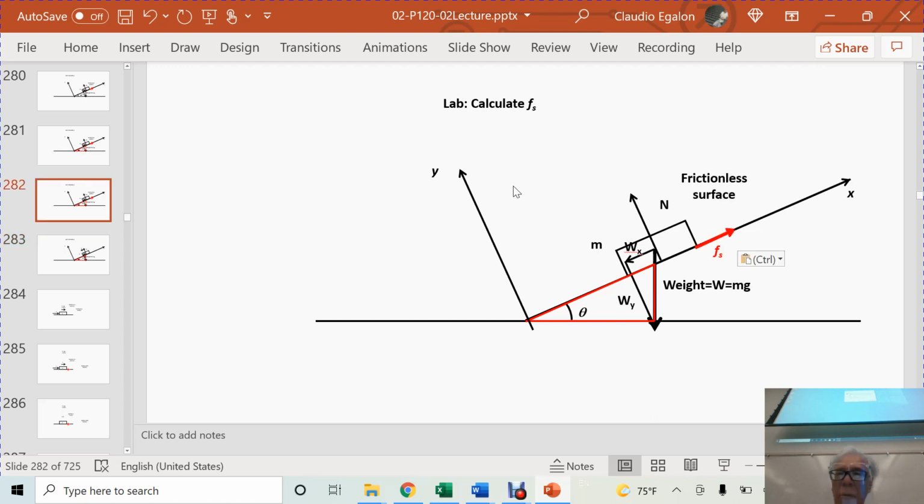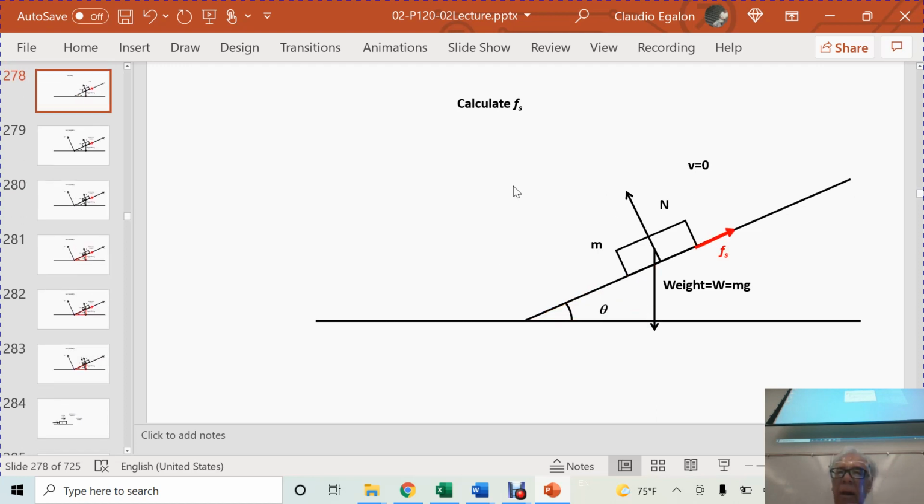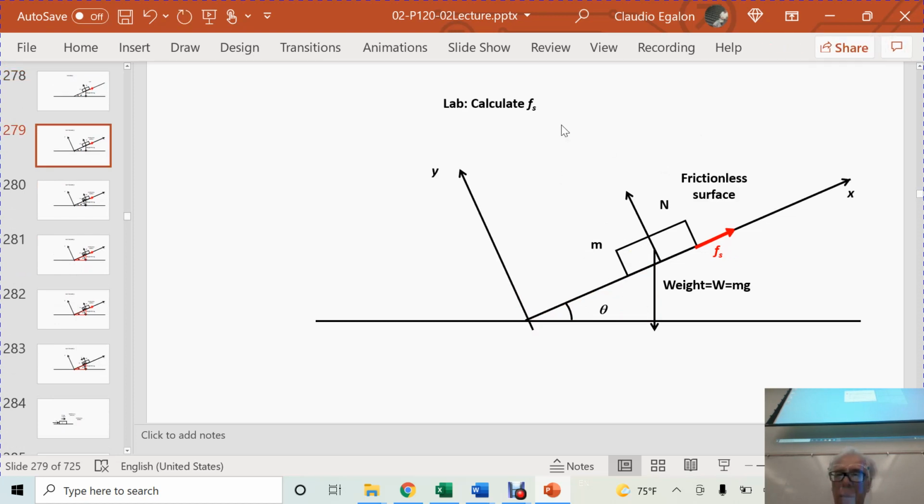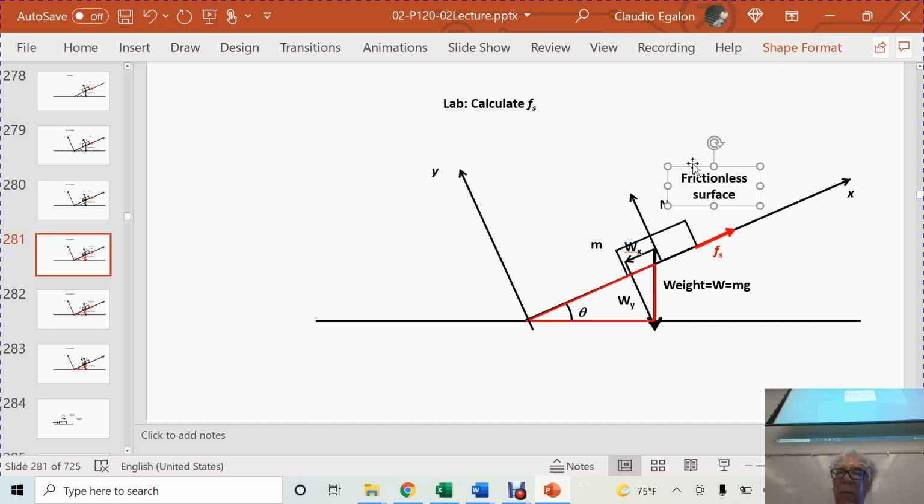Okay, and I mentioned to you that the object is at rest. So this guy goes away. This is no longer a frictionless surface, right? Here you go. Get rid of all frictionless here.